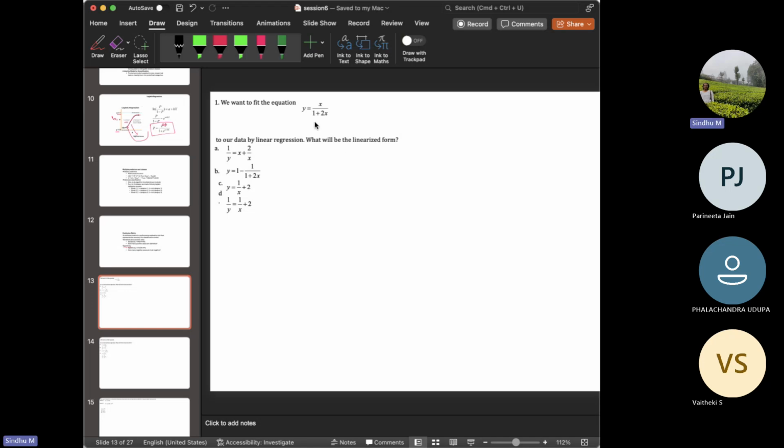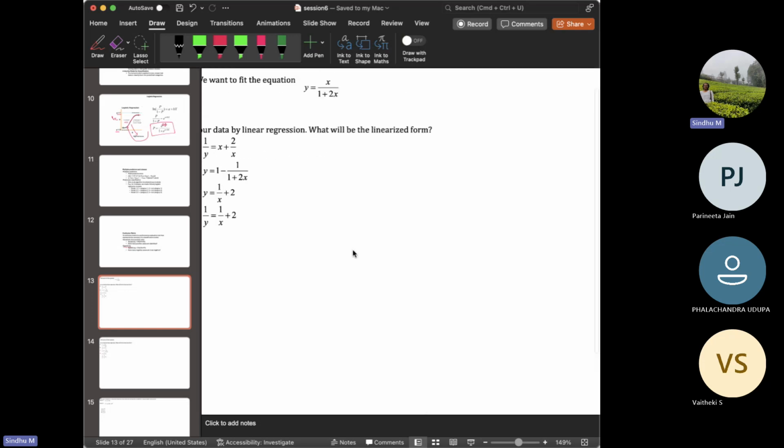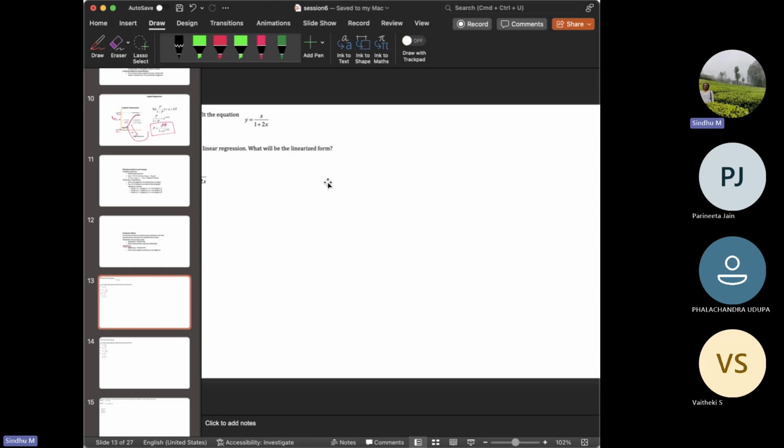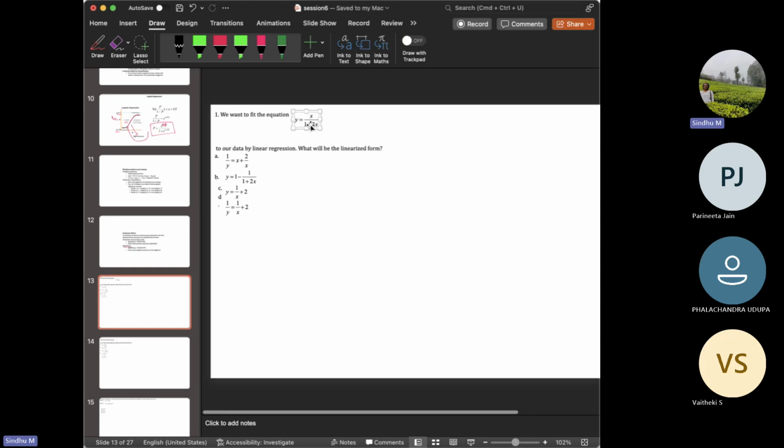So I can give a hint. The first step will be to take a reciprocal of this. When you take the reciprocal, this x will come to the denominator, and this 1 plus 2x will be in the numerator.